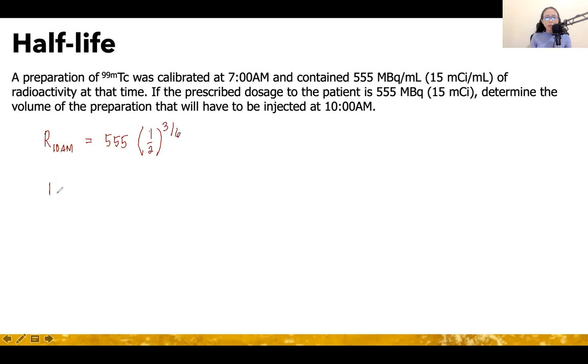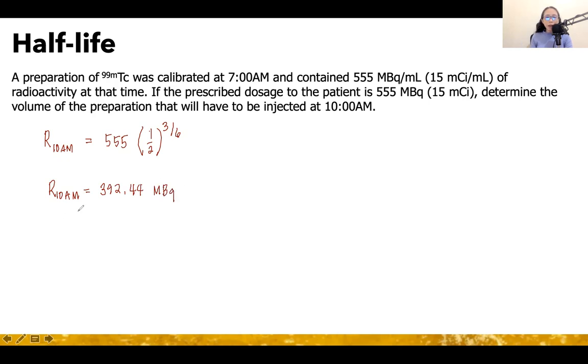So the radioactivity at 10 a.m. is now equal to 555 times 0.5 raised to 0.5. We get 392.44 megabecquerels. This is at 10 a.m.